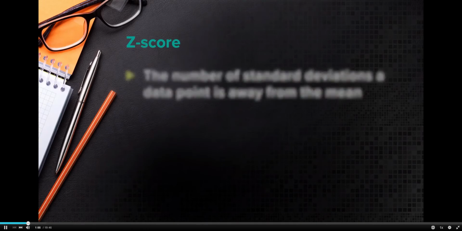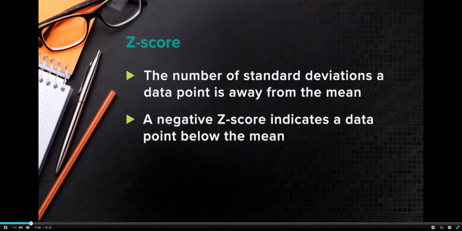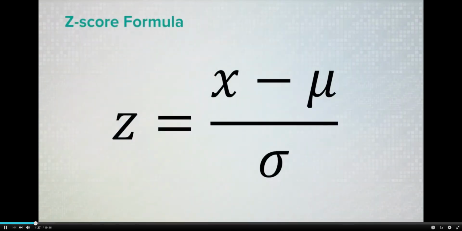Recall, a z-score, or a standardized value, is the number of standard deviations a data point is away from the mean. A negative z-score indicates the point is below the mean. A positive z-score indicates that the point is above the mean. The formula for z-score is z equals x minus the mean over the standard deviation.